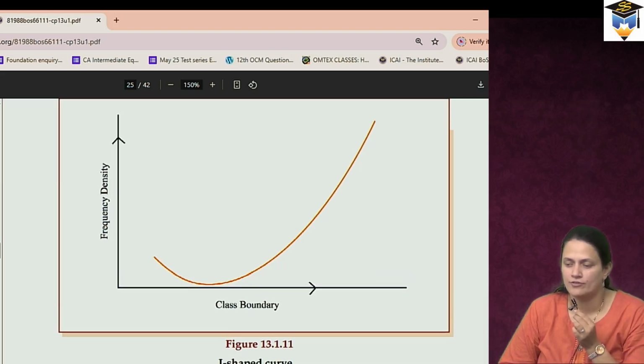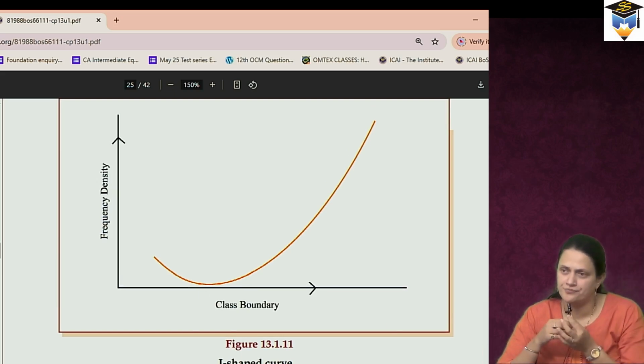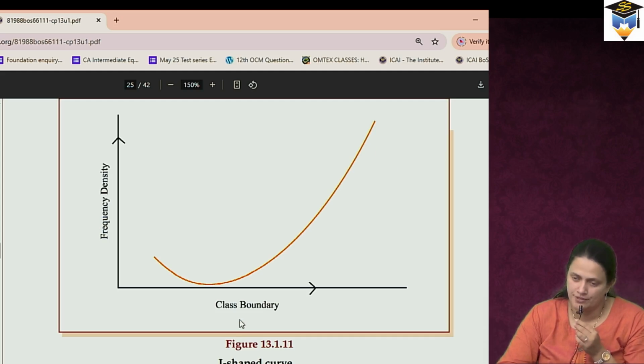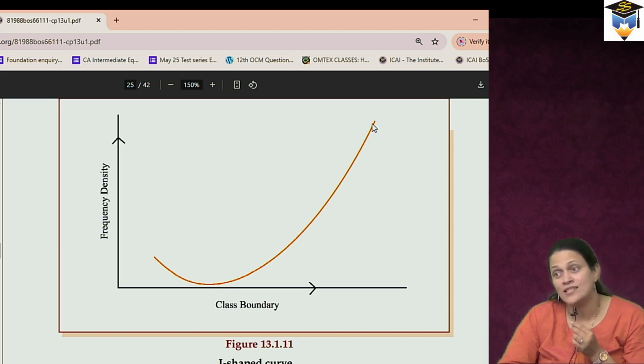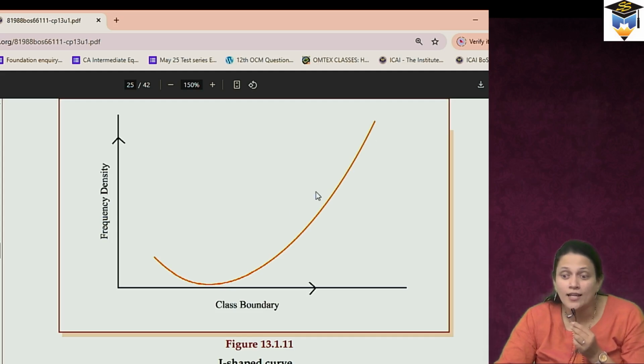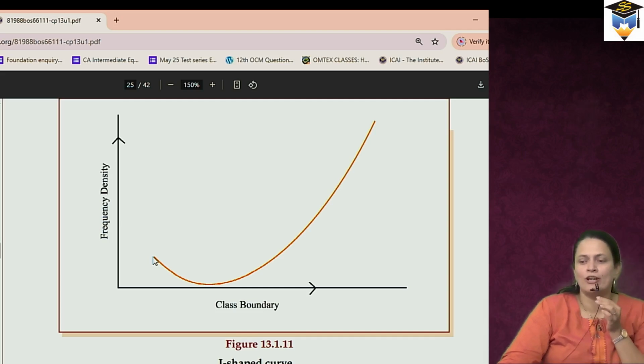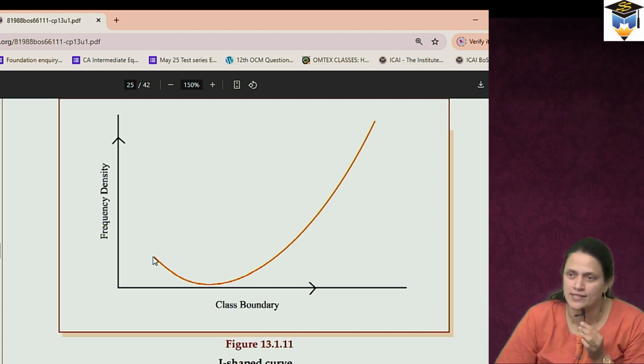J-shaped curve. So can you tell me the minimum and maximum for a J-shaped curve? This point over here will have minimum frequency, and this point will have maximum extreme frequency, and this point will again be an extreme frequency, but you have to determine whether it is minimum or maximum based upon the values.